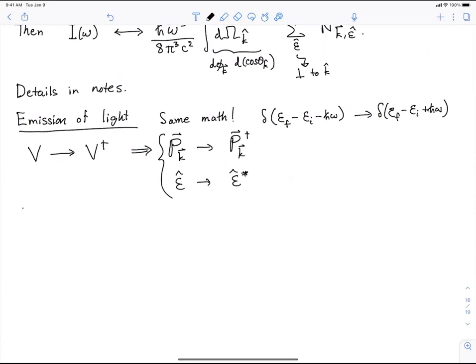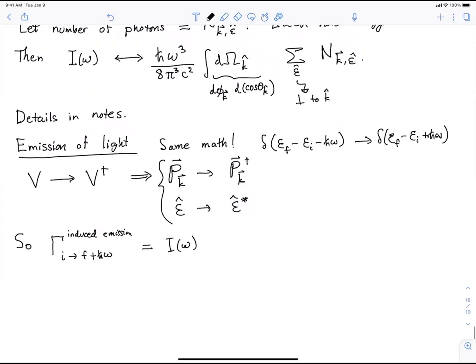Okay, so that means we don't have to think much. We can just take what we had before for absorption and write down the formula for what's called induced emission. This is for an initial state going to a final state plus h bar omega. What is it going to be? It's going to be our intensity, which we know from right up here we can, if we want to, write as a big sum over all the photon occupation numbers, how many photons there are in each mode.